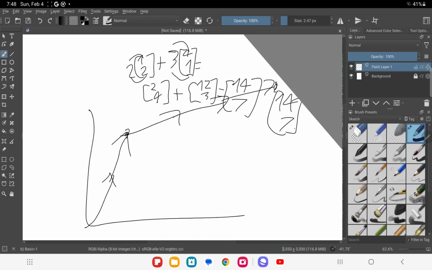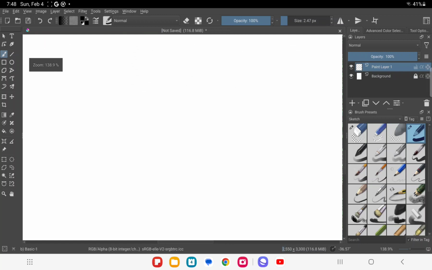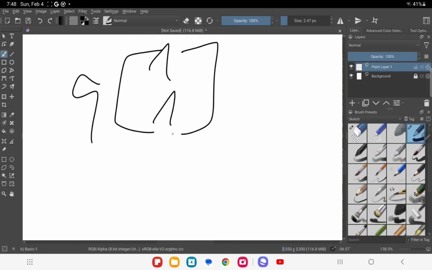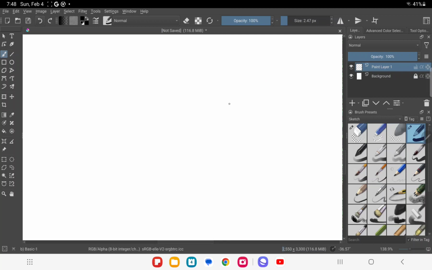And now, if we have just one of these vectors, we could just use a variable, basically something that can change. So c times 1 2.